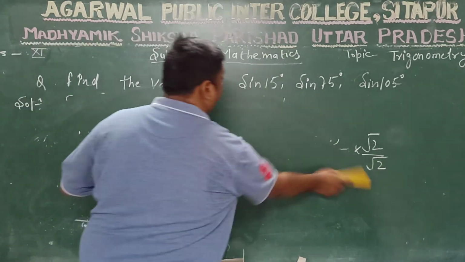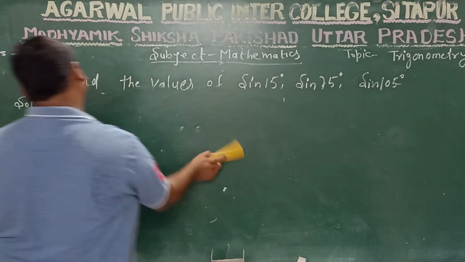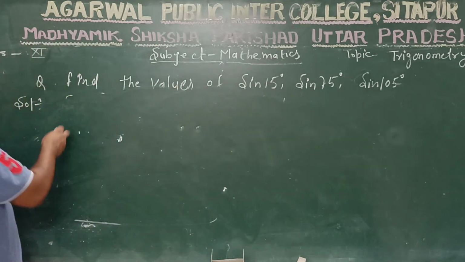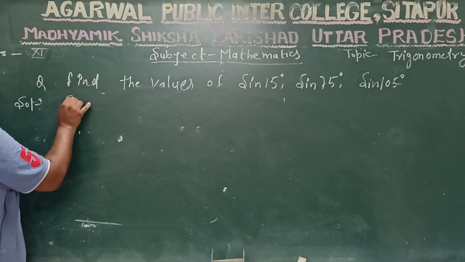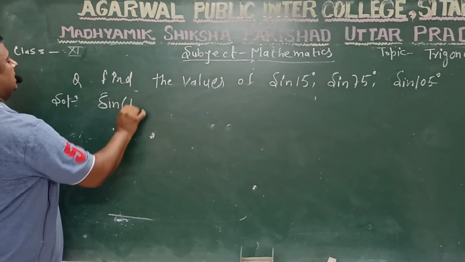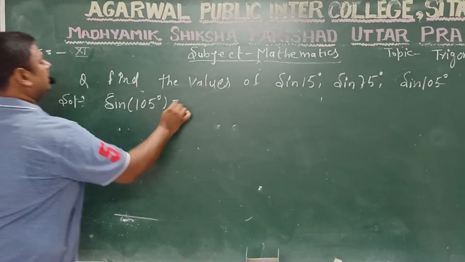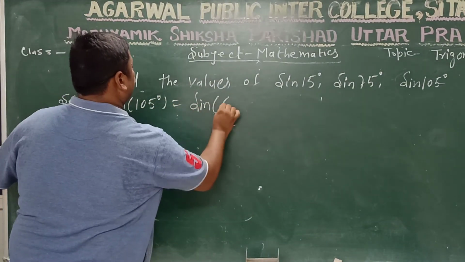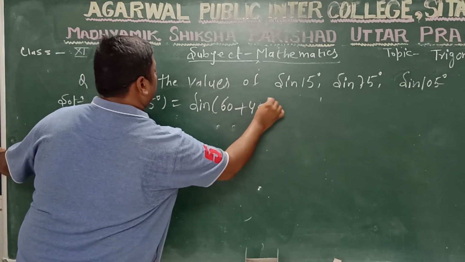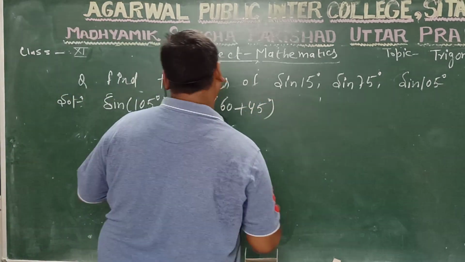Now we take another question for this formula. Sin 105 degree is sin of 60 plus 45.